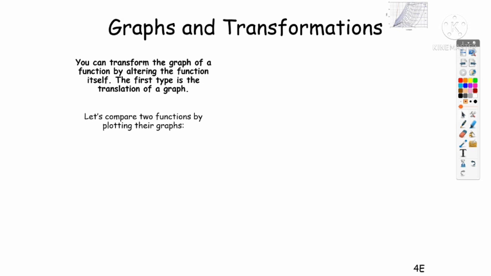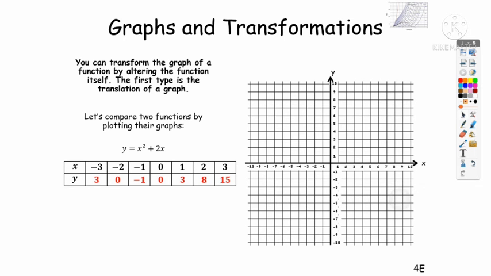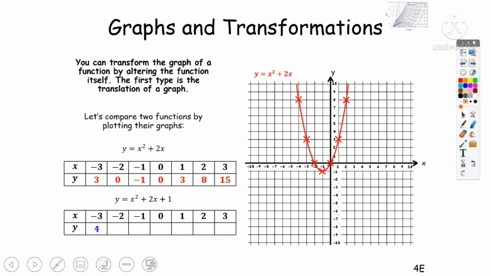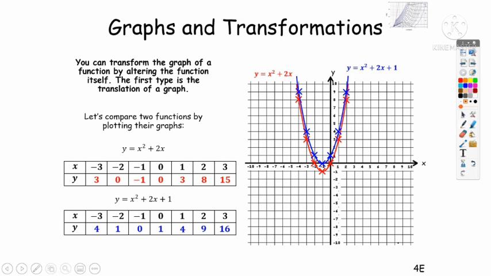So translating a graph then, if I substitute in these points and draw curves of them, we can see by just adding the 1 on the end that all the points are shifted up by 1. So it's translated the graph up by 1.